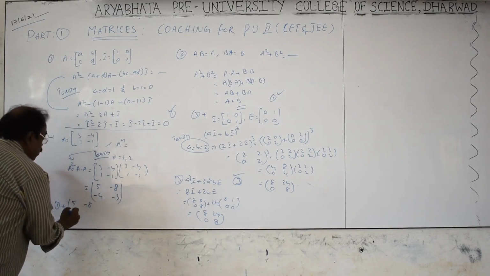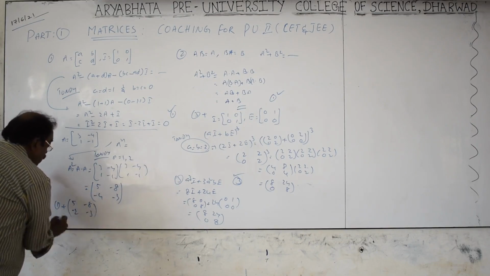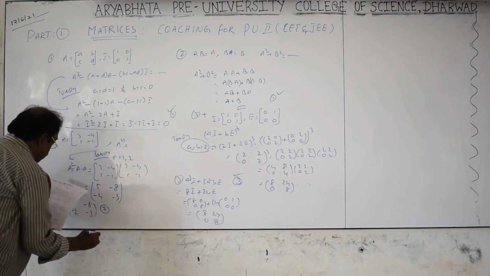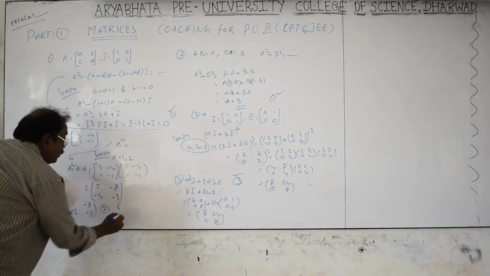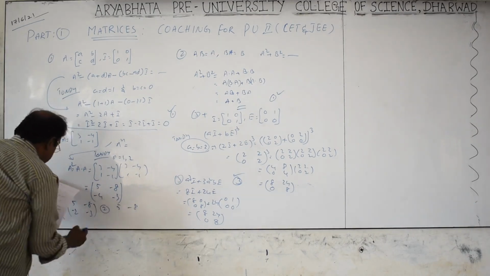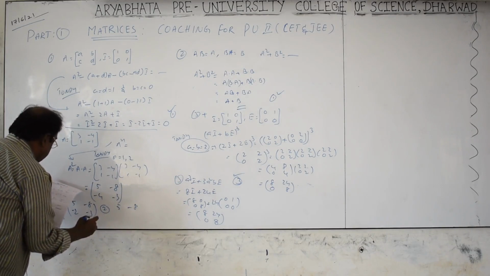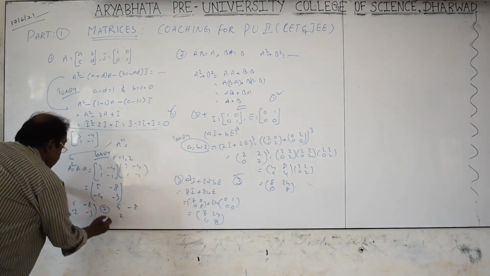And minus 2 will come, n is 2, 1 minus 4 is minus 3. So this is wrong. Here must be 4. Take the second option. 1 plus 2n is the same, 5. And minus 4n is the same, minus 8. And n is equal to 2. Here also it is wrong.